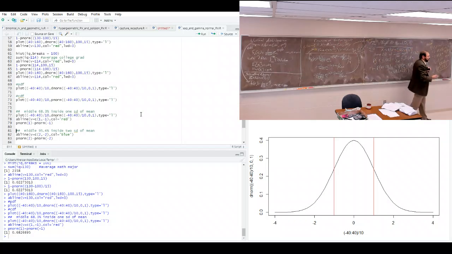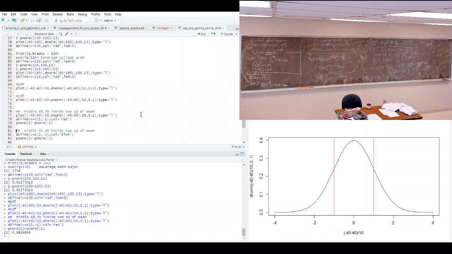In this case, it would be saying, what's the probability that if I test someone at random, they would have an IQ between 100 plus 15 and 100 minus 15, so between 85 and 115? By computing the area under the curve there, that would give me that probability. The answer was 0.682.